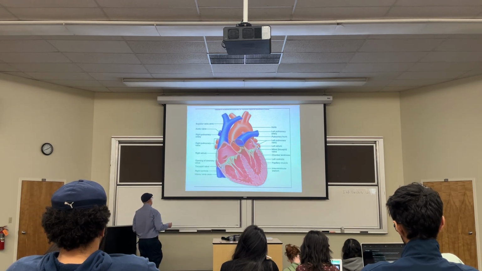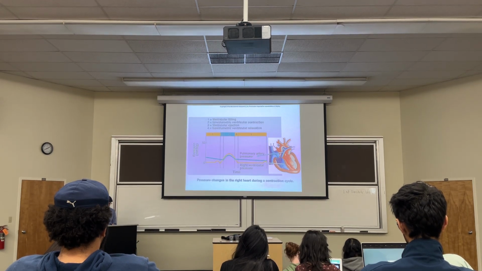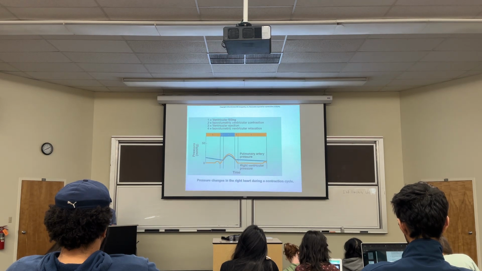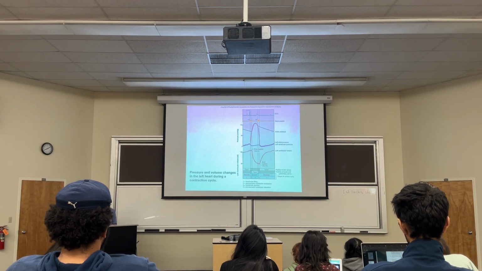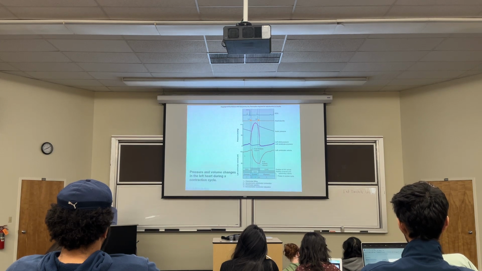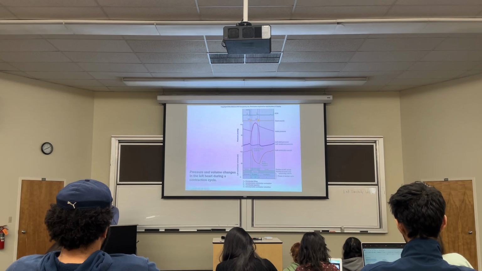So we visualize it with that, but then we can graph it out. Notice the events just looking at the volume. And this is a circle that keeps going around. It's a cycle.